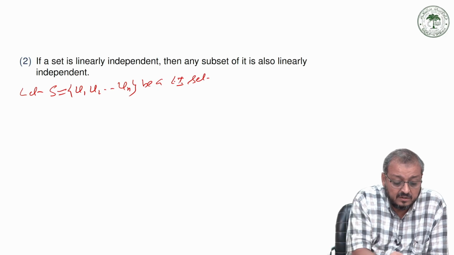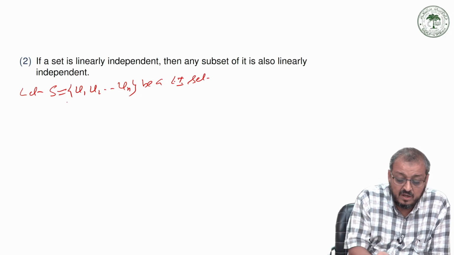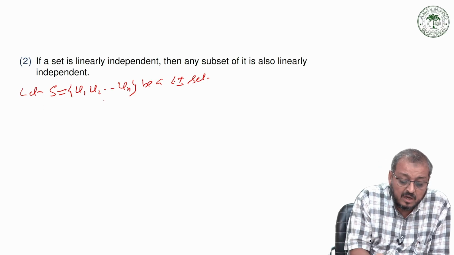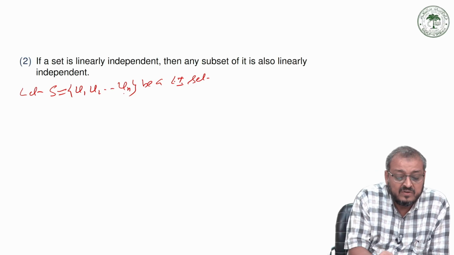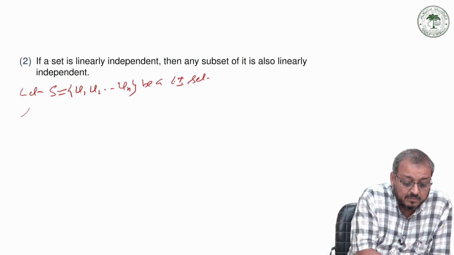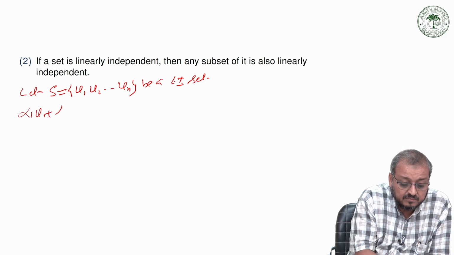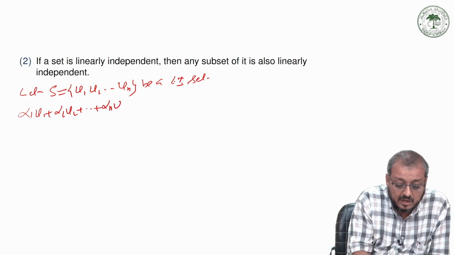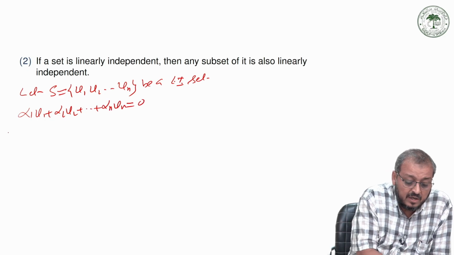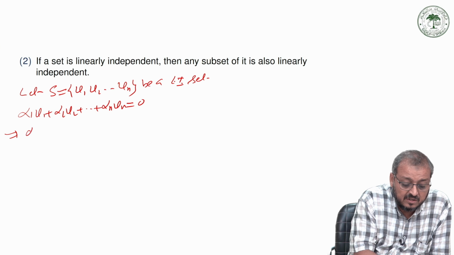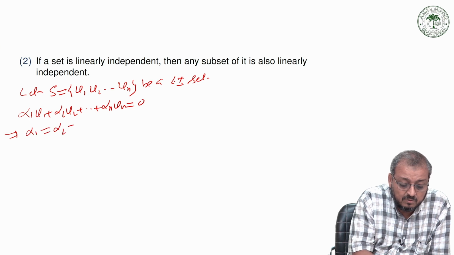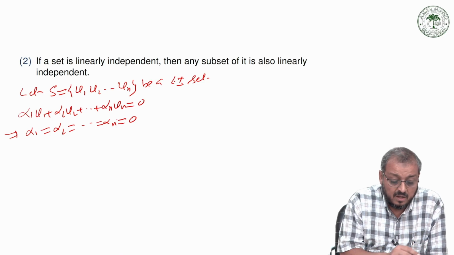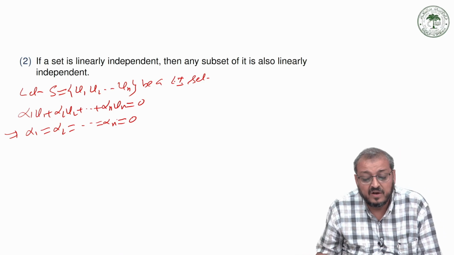If this is a linearly independent set, then the only linear combination of these vectors equal to zero is the trivial one. That is, alpha 1 v1 plus alpha 2 v2 plus so on, plus alpha n vn is equal to 0 implies that alpha 1 is equal to alpha 2 and so on is equal to alpha n is equal to 0. So all alpha are equal to 0.